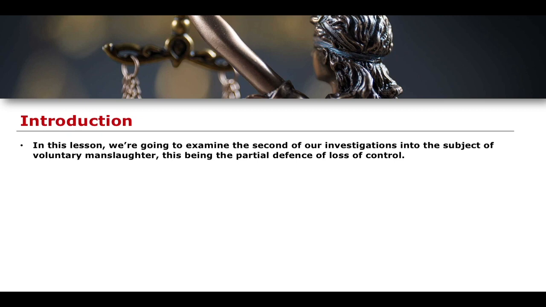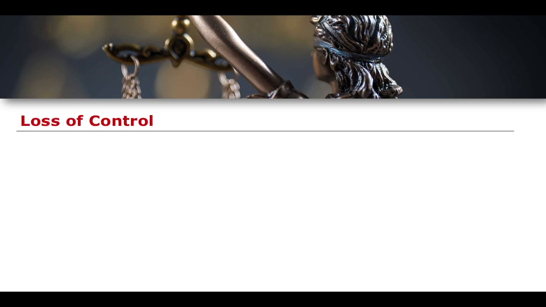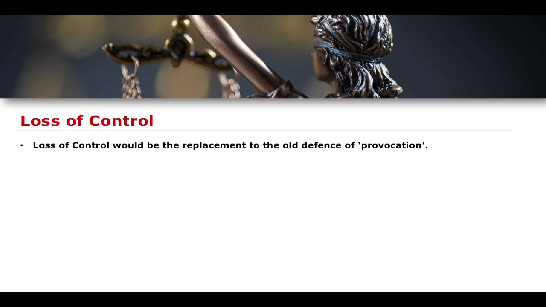Whereas with manslaughter cases, life sentences are a maximum. As a result, the satisfaction of a partial defense, and therefore the reduction from murder to voluntary manslaughter, can give a judge a bit more discretion in sentencing. So loss of control is one of the ways in which you can prove this.